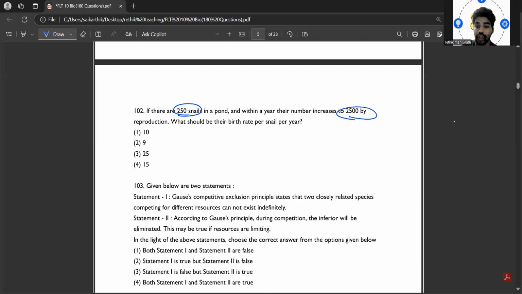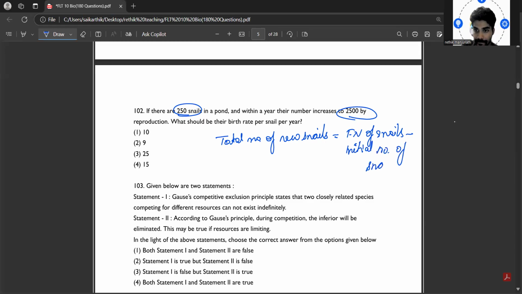So the total number of new snails will be the final number of snails minus the initial number of snails.